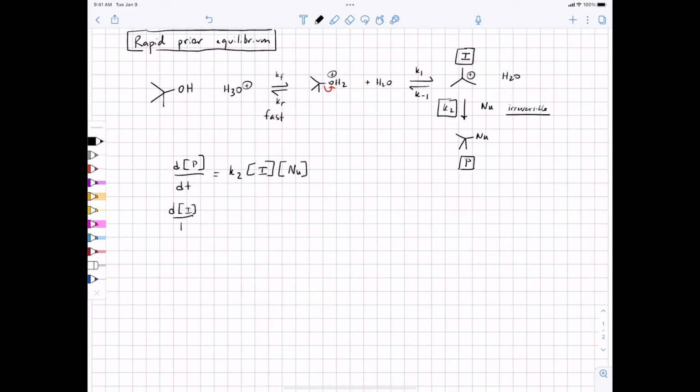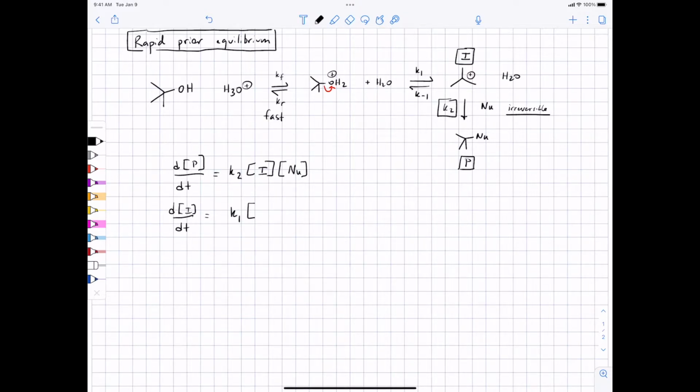And then we simply need to write all of the ways we can have I appear and disappear. I can appear as k1 with our protonated alcohol.